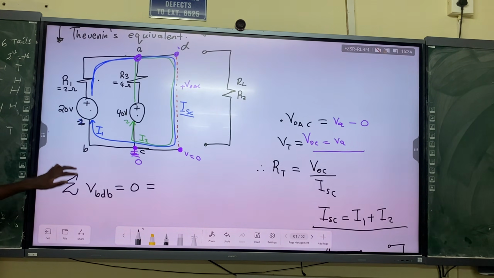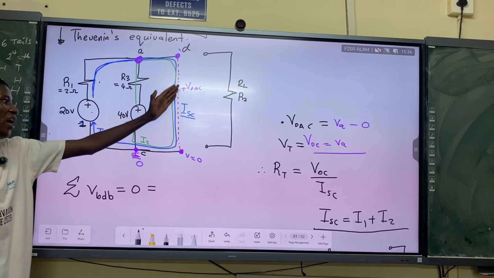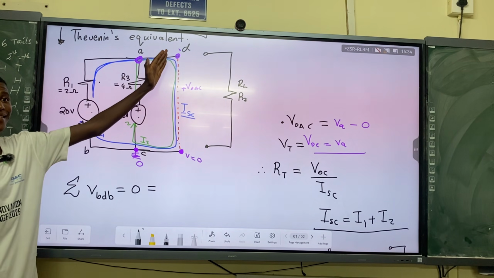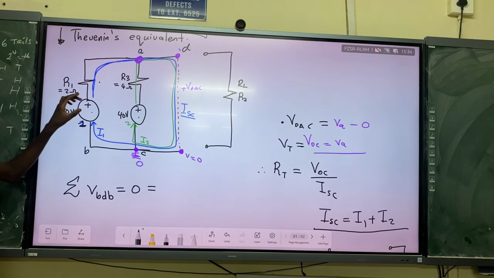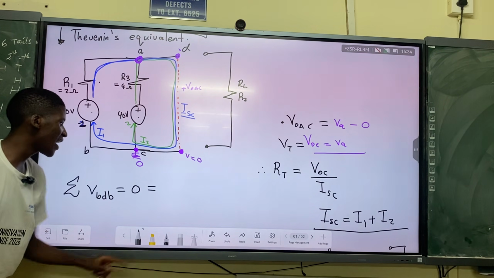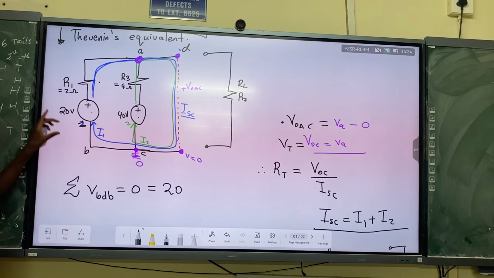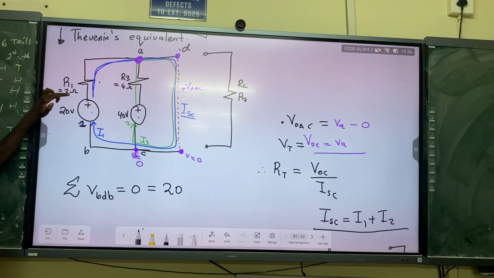So we are going to add up all the voltage sources and all the voltage consumers across the loop, where we have current I1, we see the blue one. We are going to start with the voltage source of 20 volts, so here I will have positive 20 volts. Then this R1 has a resistance of 2 ohms.